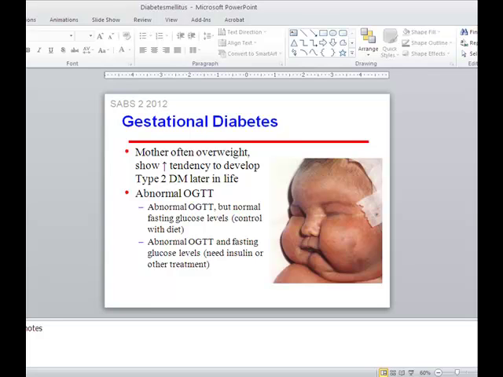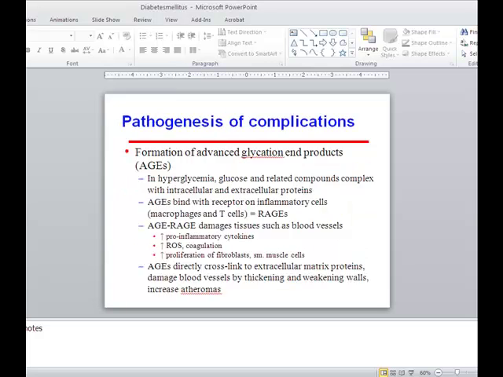So they generally tend to have abnormal glucose tolerance tests, but may have normal fasting glucose, and others have both abnormal oral glucose tolerance as well as fasting glucose. So things are not always normal in these women who develop gestational diabetes. There are always some signs that there is some level of hyperglycemia, but it's never there all the time.